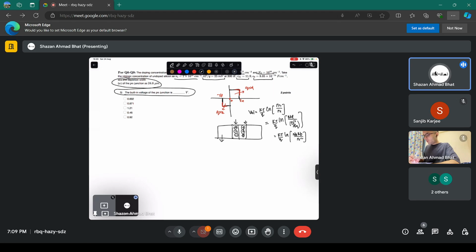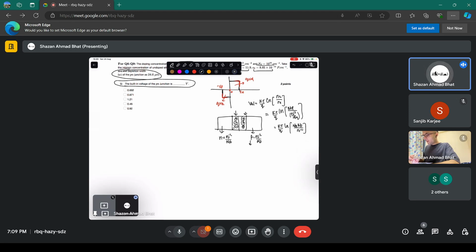Electron concentration here would be ni square over na, and the hole concentration here will be ni square over nd, because these are the minority carriers. This is the p side, this is the n side. So this is the equation you need to use to compute the built-in voltage.